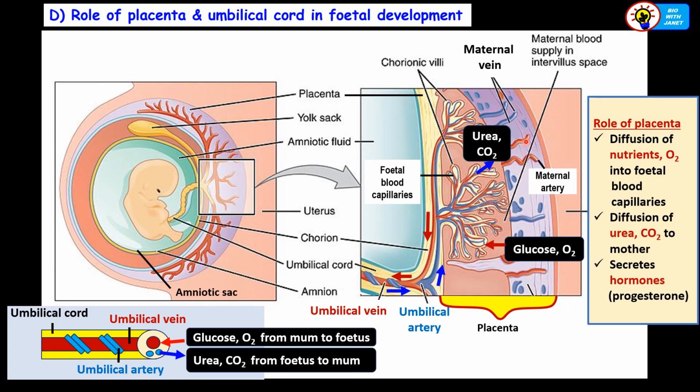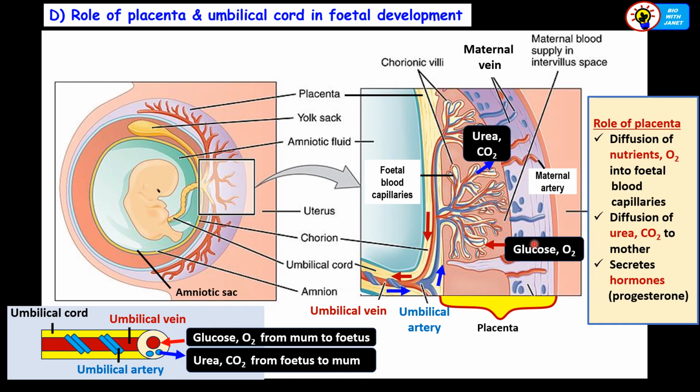Then here we see the maternal arteries that transport the maternal blood into the space here, which we call the intervillous space. This pinkish colored space is the maternal blood supply, and then the maternal veins transport the blood out from the intervillous space to the mother's organs.